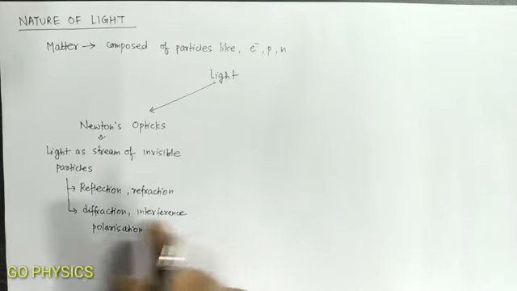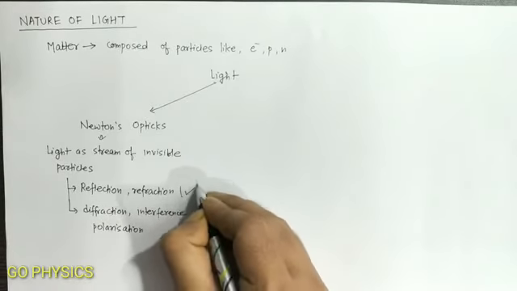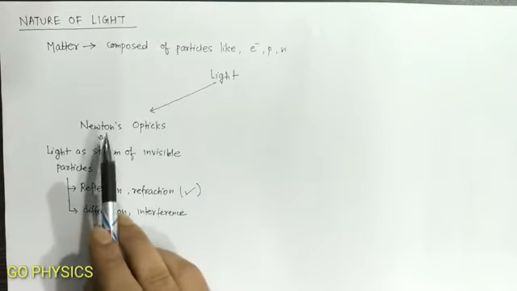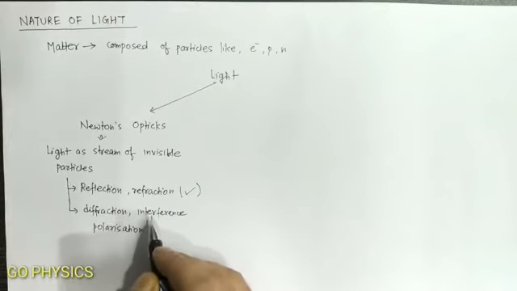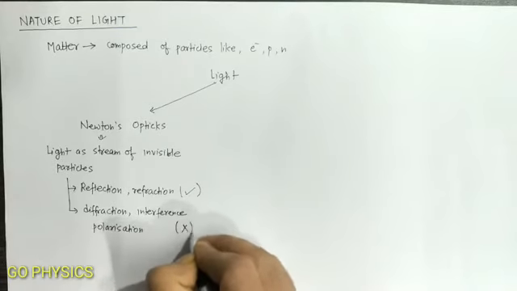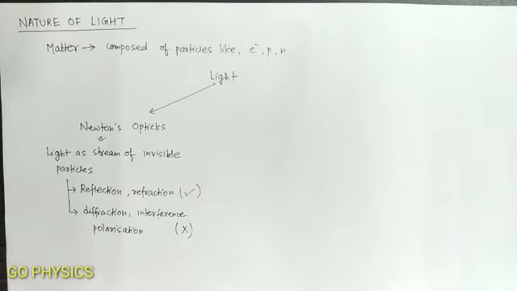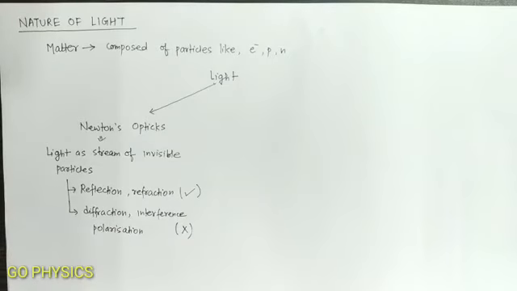So the phenomena like reflection and refraction were explained by the theory given by Newton, but phenomena like diffraction, interference and polarization were not explained by the theory given by Newton.